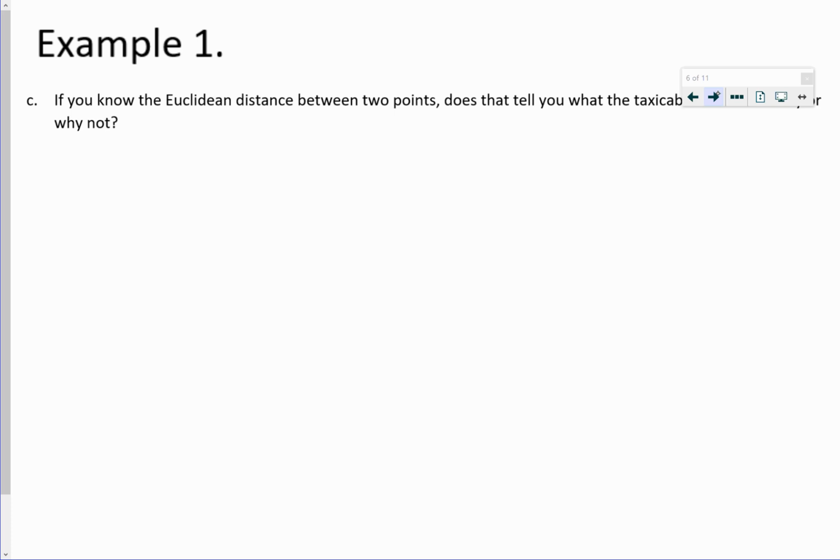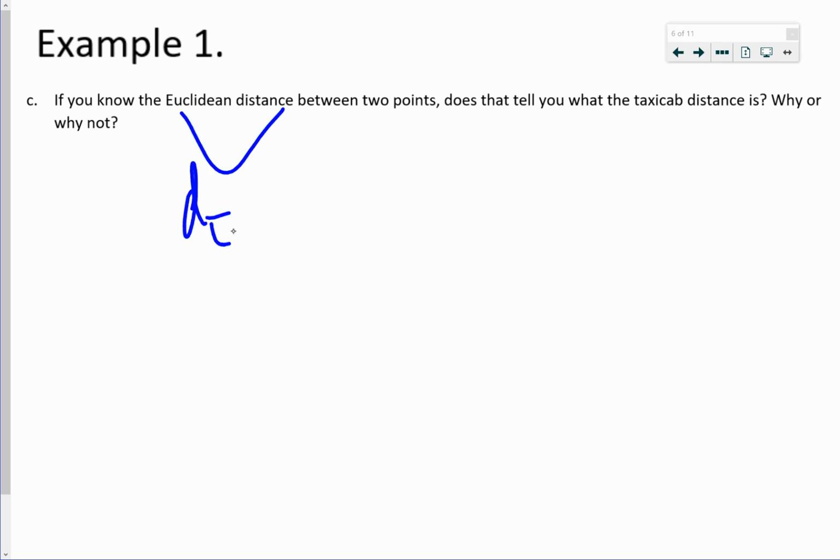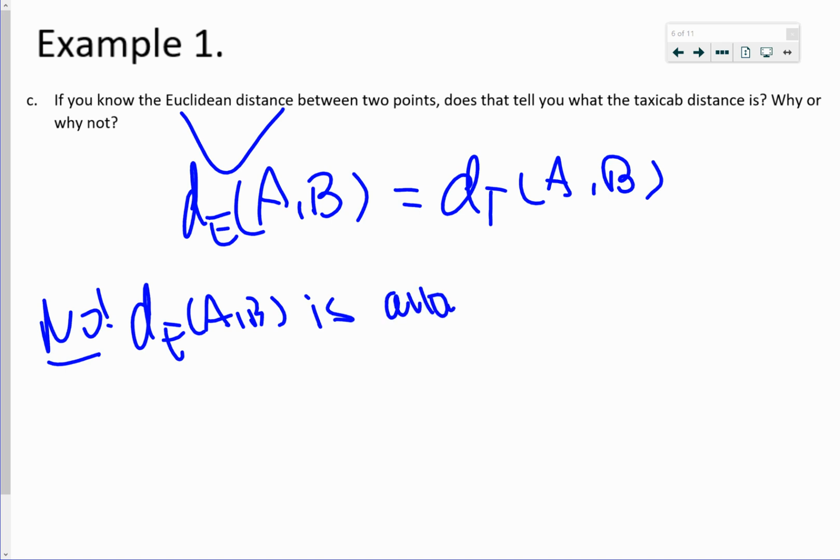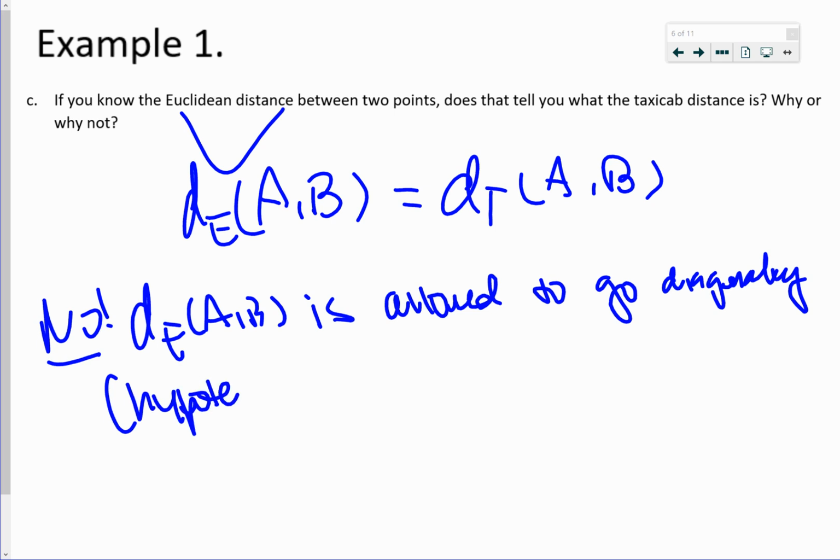So here, if we know the Euclidean distance, d sub e, between 2 points, say A and B, does that tell us the taxicab distance? Why or why not? No, it does not. The Euclidean distance, d sub e of AB, is allowed to go diagonally, which some of you may remember is the hypotenuse of a right triangle.